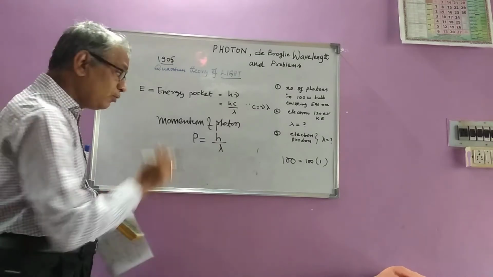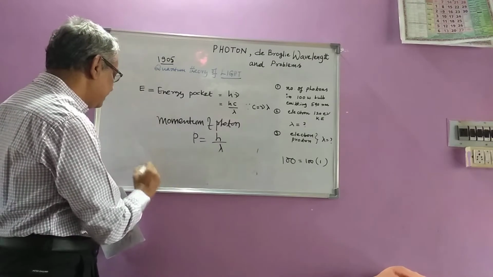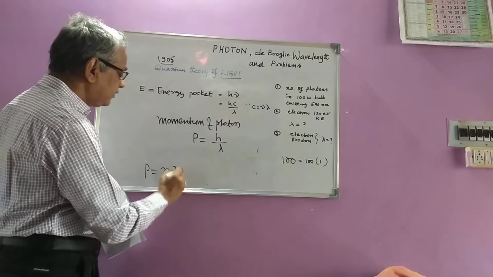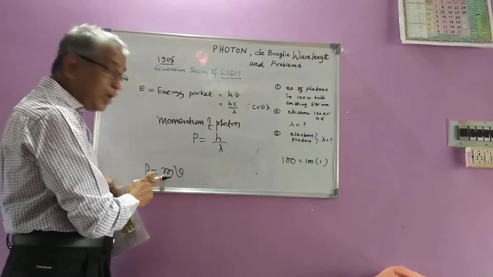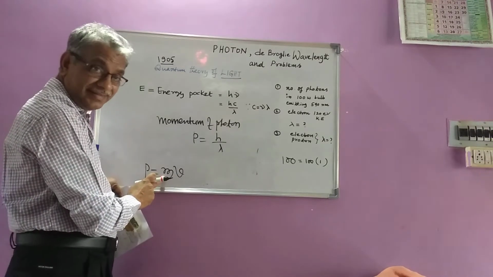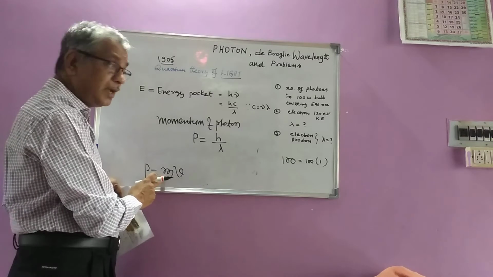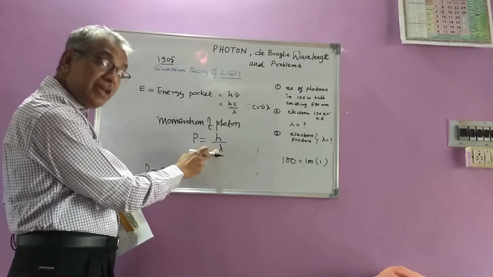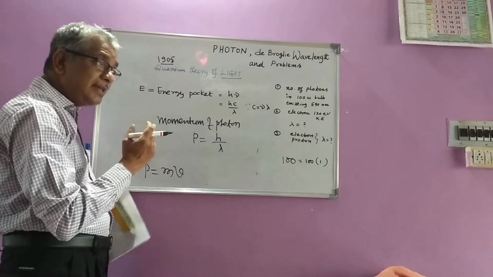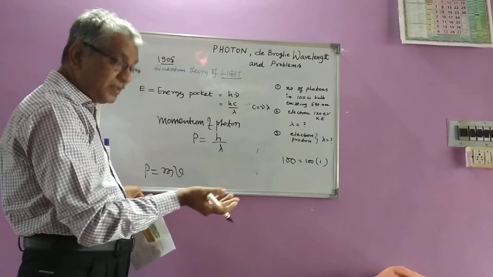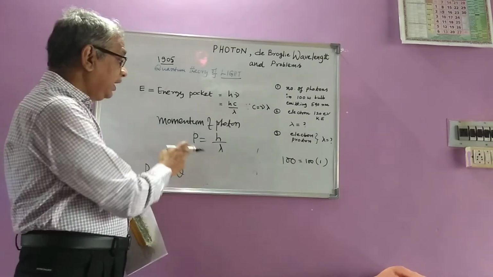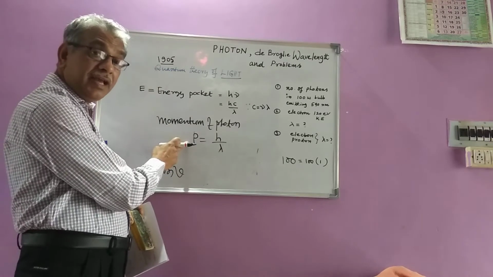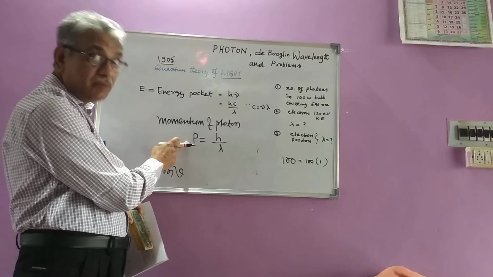Generally, what is the formula for momentum? Momentum is nothing but mass into velocity. Mass is related to matter particle, mass of a particle. Now, here, lambda is connected to a wave. So, light behaves as a wave. At the same time, it can also behave like a particle since it has got the momentum.